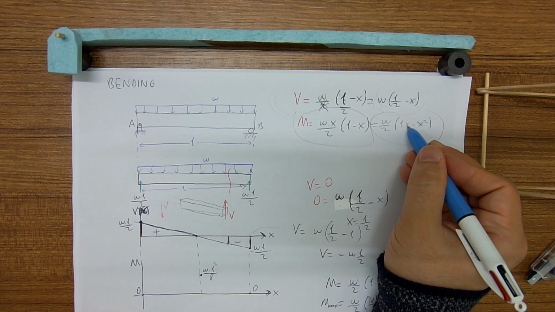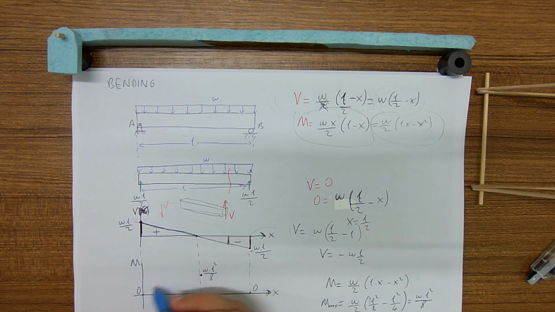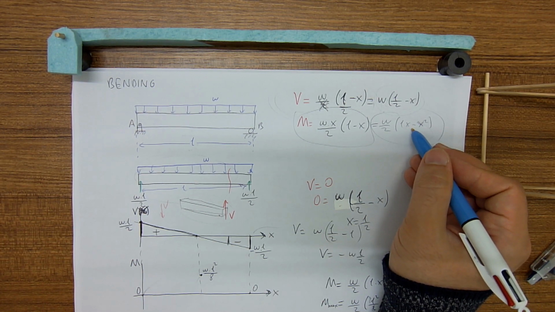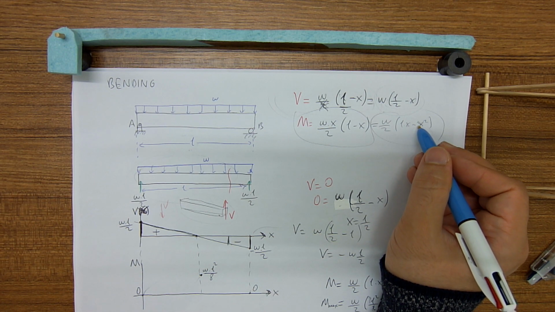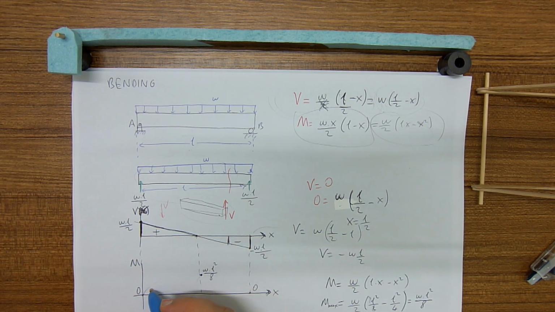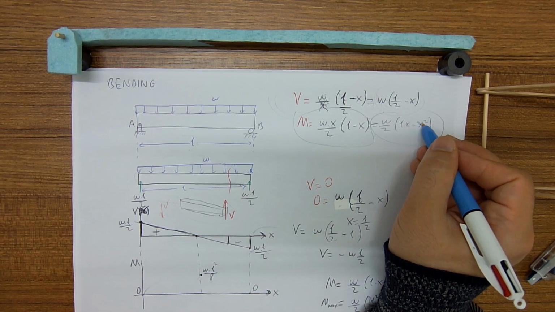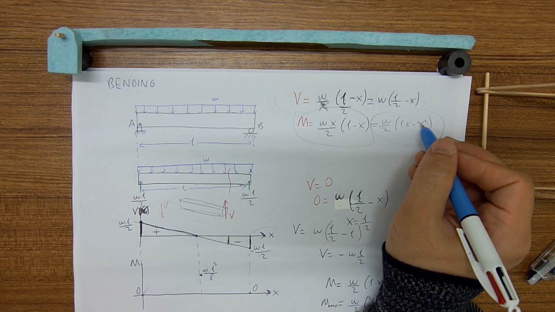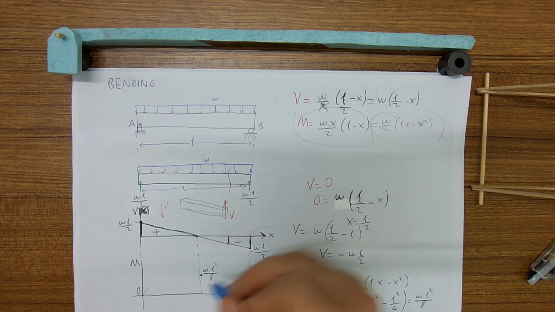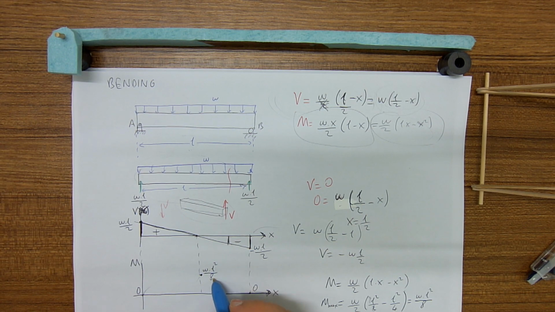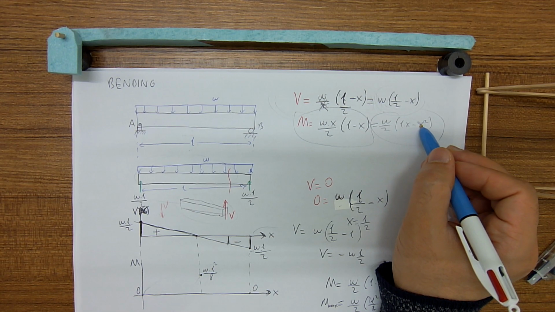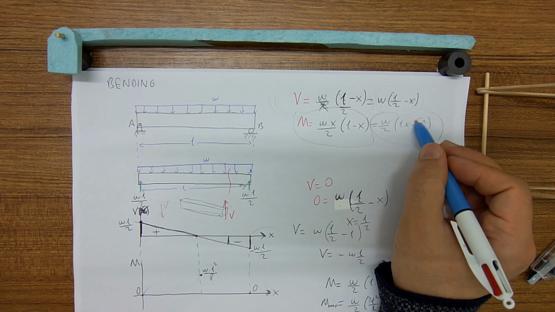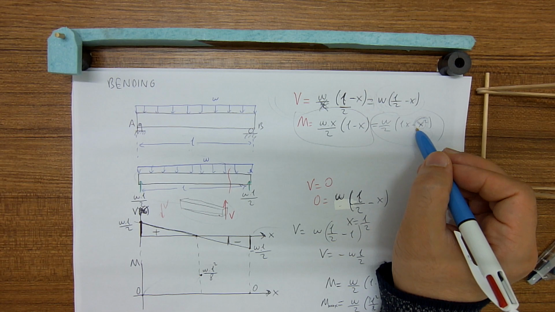Initially there is an increase, and this increase is sudden, and the increase gets slower toward the mid, because as we enter this value for L over 2, this term is increasing.